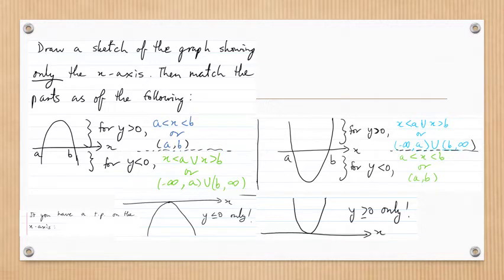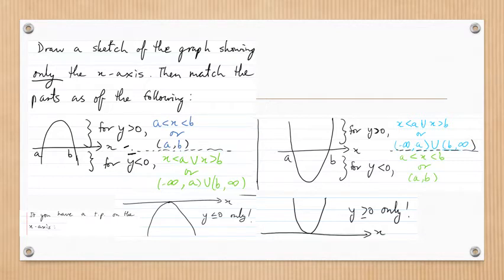If you're going left of A, what are the y values? Is it going down or up? Here, if you're going left, this graph is going down, right? Down, yeah? To the right of B, is it going up or down?